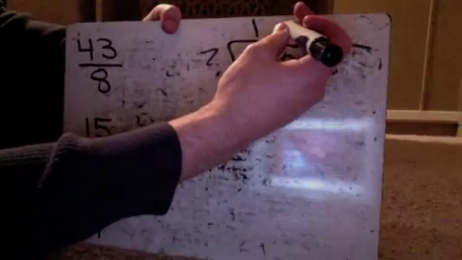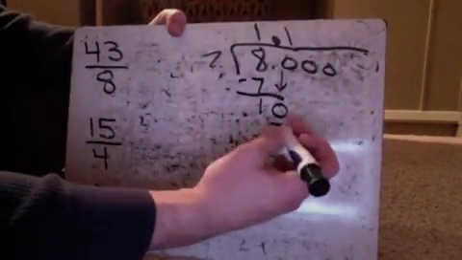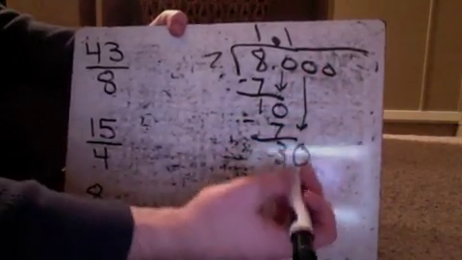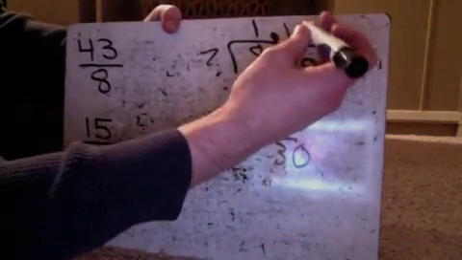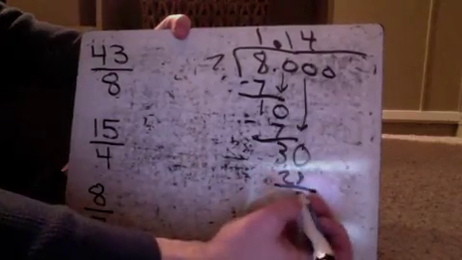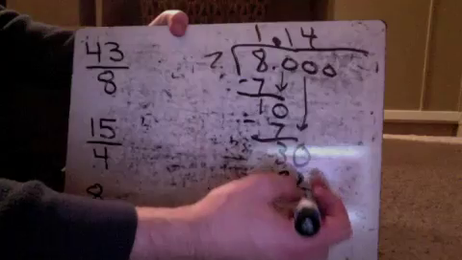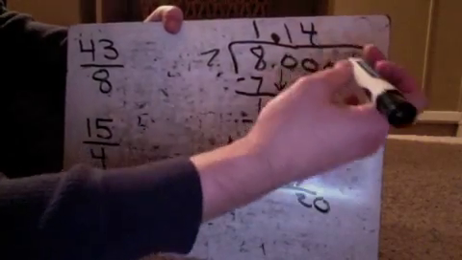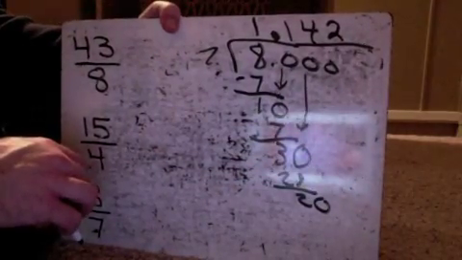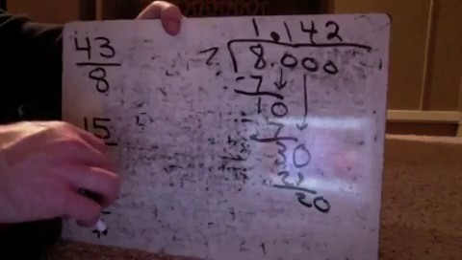That's going to be a 1. 7 take away equals 3, bring down your 0. That would be a 4. 28, 2, bring down your 0. 7 goes into 21 twice. And I'm just going to stop there because I think we have enough digits for what we need. This could just keep going on forever.